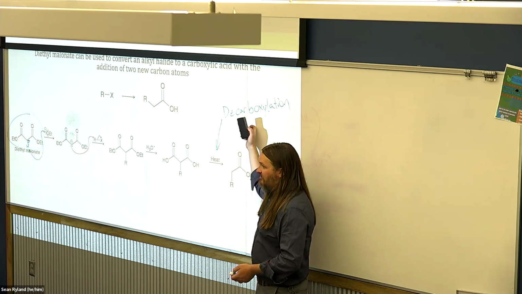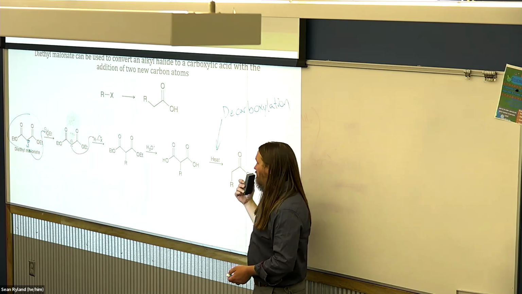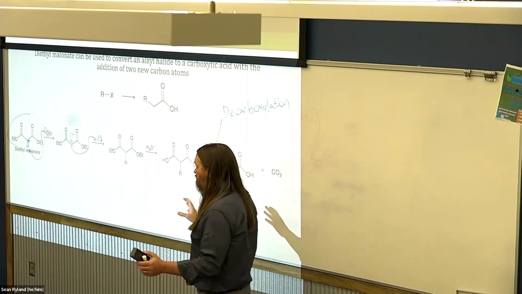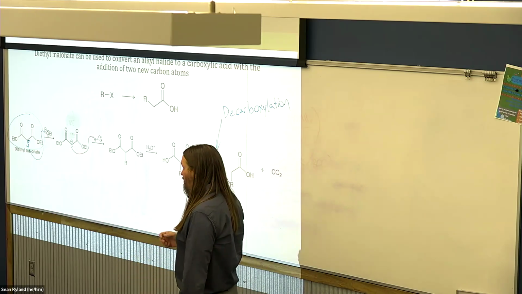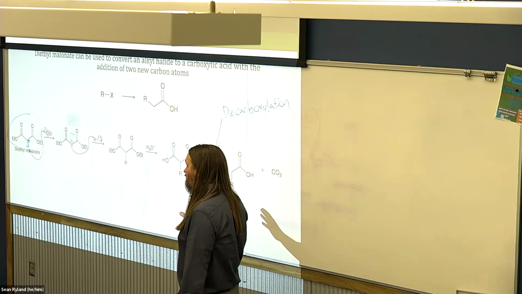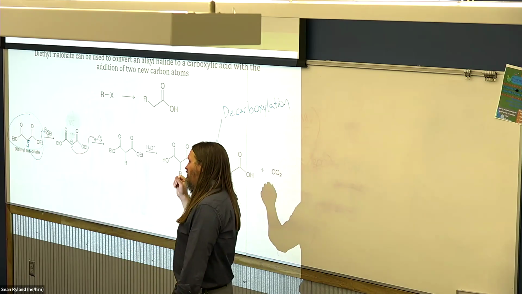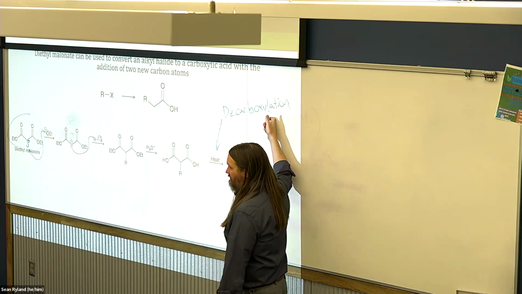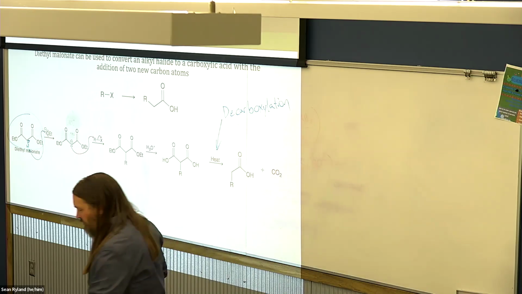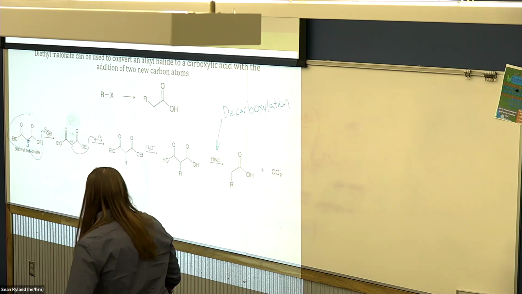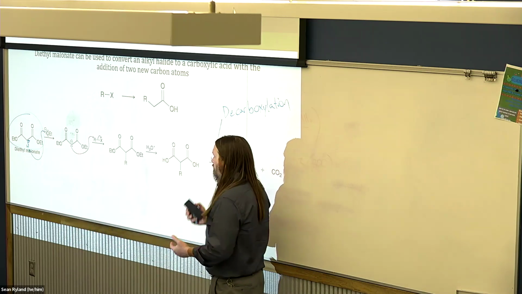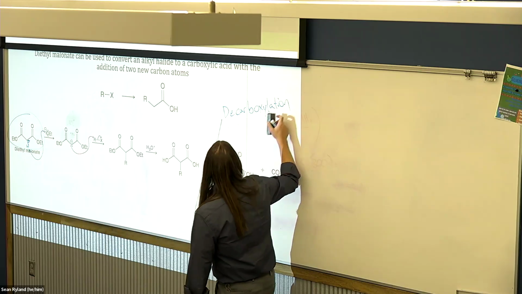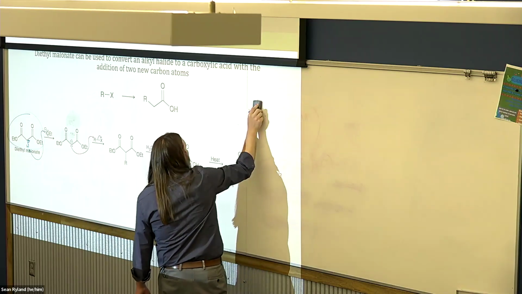THC is not psychologically active until you decarboxylate. So a person could eat a pound of cannabis and feel nothing. But if you take a little bit of that cannabis and heat it up above a certain threshold, it decarboxylates and now becomes biologically active. So it's a pretty common reaction to see happen. It's one of the ways that we generate CO2 in our bodies: we decarboxylate the side products of glycolysis in the Krebs cycle.